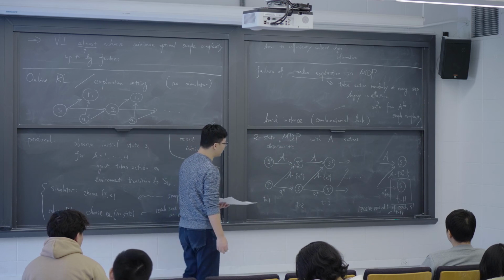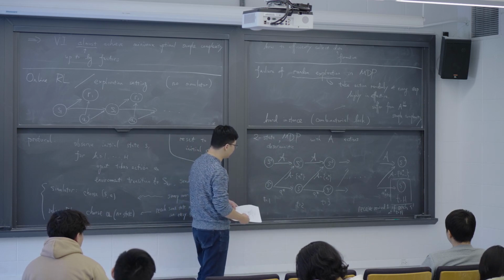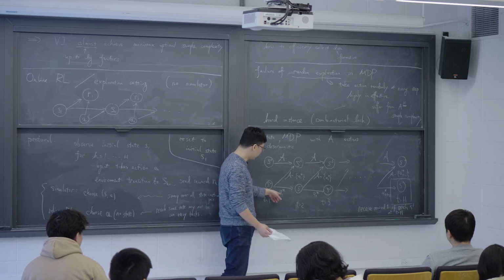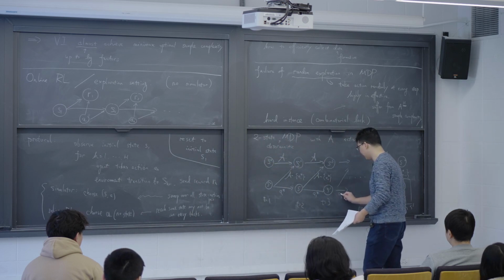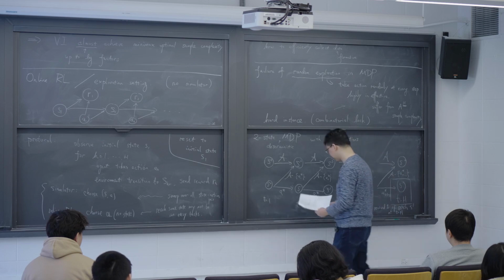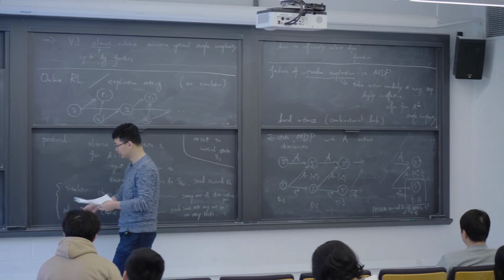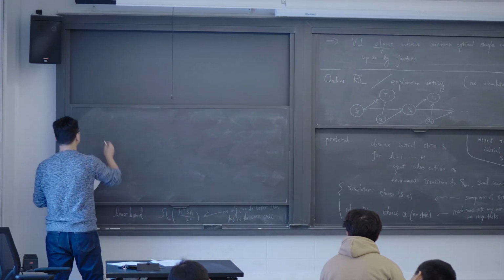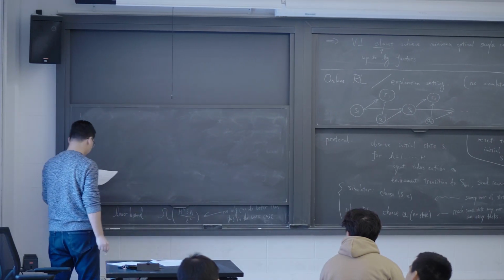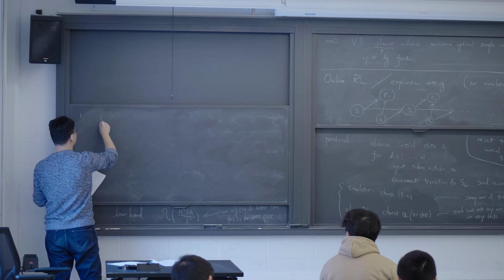So we can see this transition has a very special structure. Only if you take precisely A1 star, A2 star, A3 star, and so on. This is the property of this combinatorial lock, that we have an optimal policy.